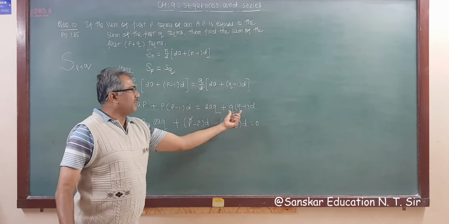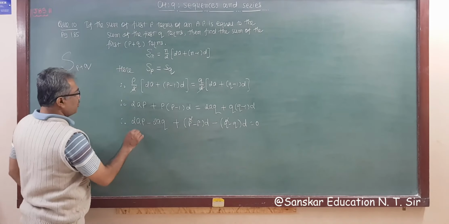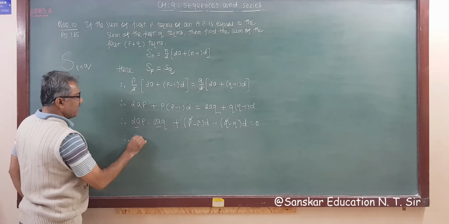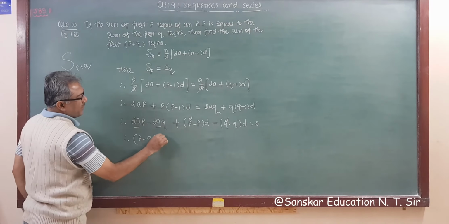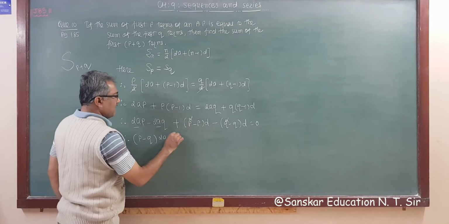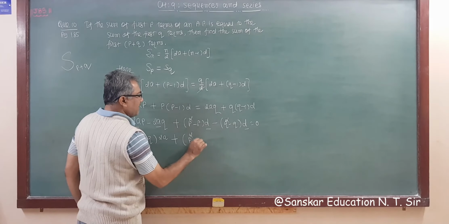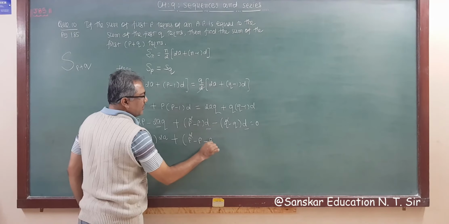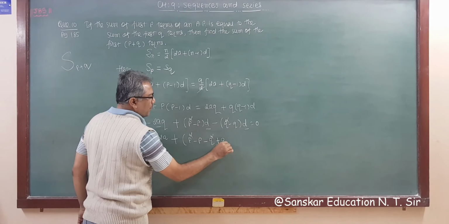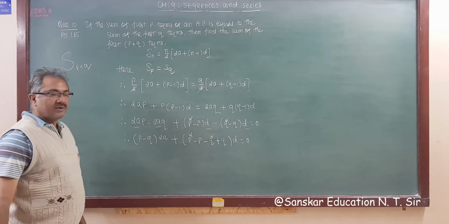Now twice a is common, so taking twice a common, we get p minus q into twice a, right? Plus taking d common, we get p square minus p minus q square plus q bracket over d is equal to 0, right?